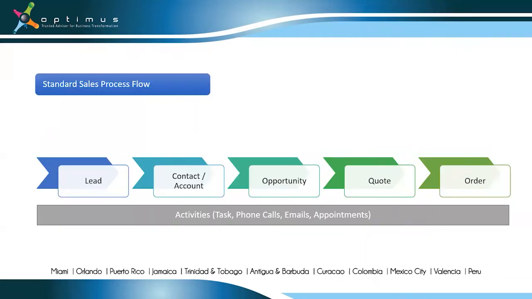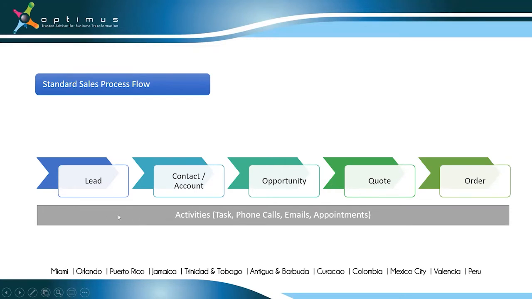Okay, this is the standard sales process flow. By default, the CRM includes leads, contacts, opportunities, quotes, and orders. Basically, this is the standard sales flow. Of course, you could include additional elements here, but by default, this is the sales process that the CRM includes.